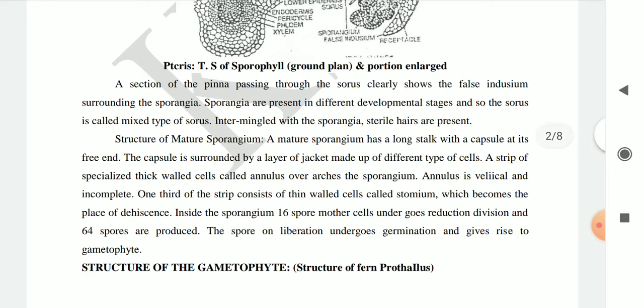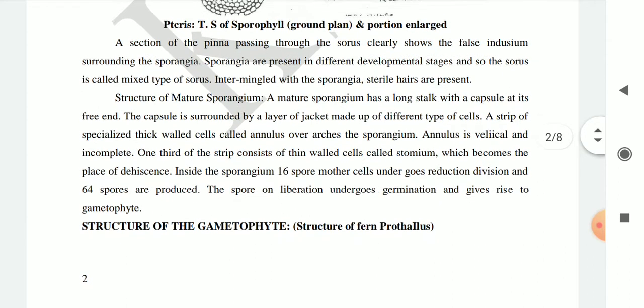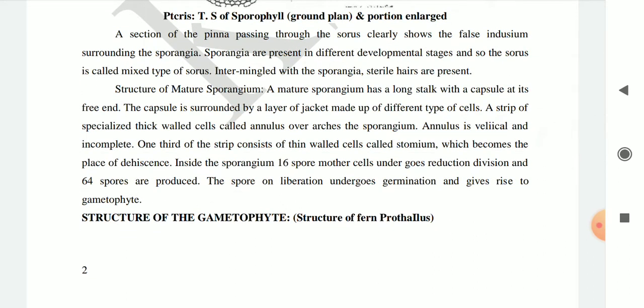If you take the TS of sporophyll, you will find some peculiar structures. A mature sporangium has a long stalk with the capsule at its free end, and the capsule is surrounded by a jacket made up of different types of cells.